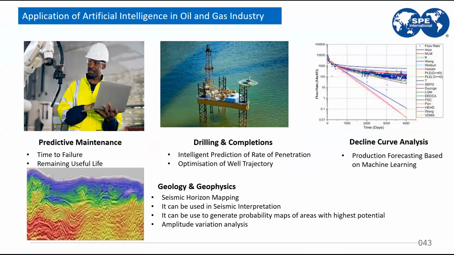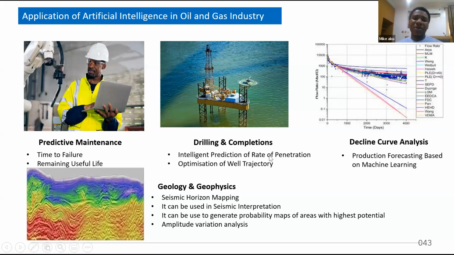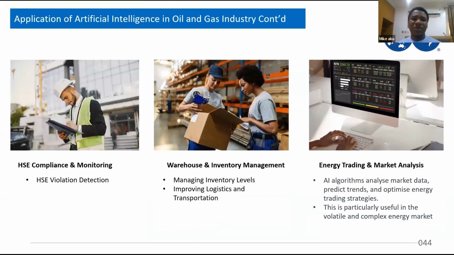You could also use it in seismic horizon mapping, seismic interpretation, and probability maps, and a lot of areas where AI is being used, which cannot be overemphasized. But more to this is HSE compliance and monitoring, and energy trading services where people also use AI systems, managing inventory levels, and improving logistics and transportation.